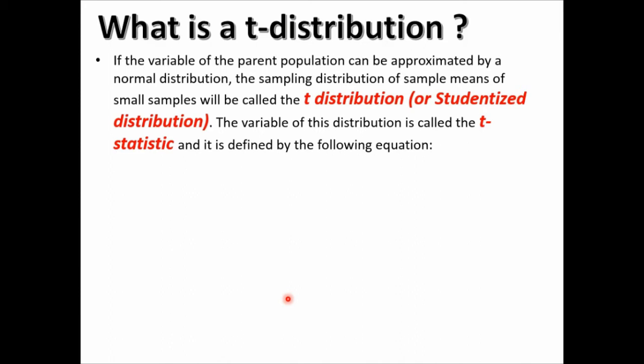So if the variable of the parent population can be approximated by a normal distribution, the sampling distribution of sample means of small samples will be called the t-distribution or the studentized distribution.